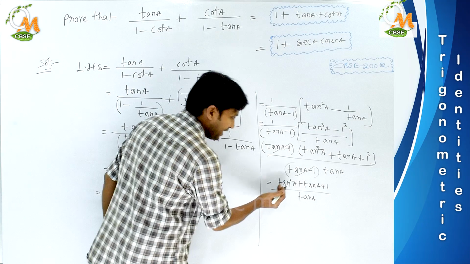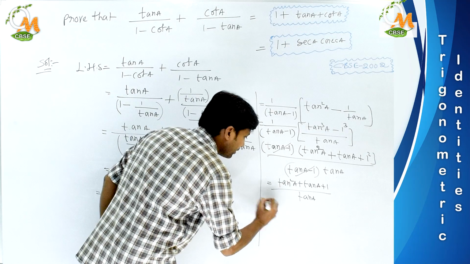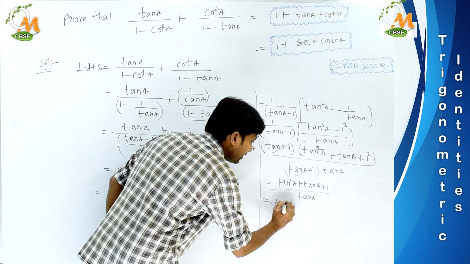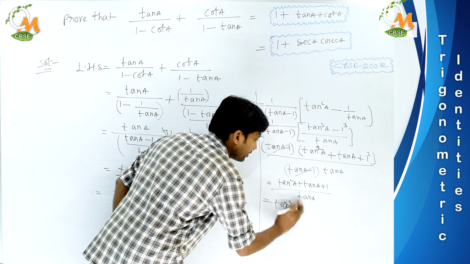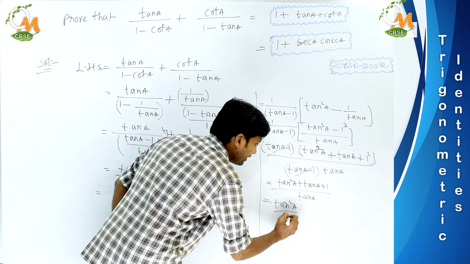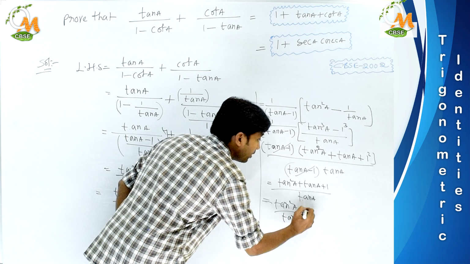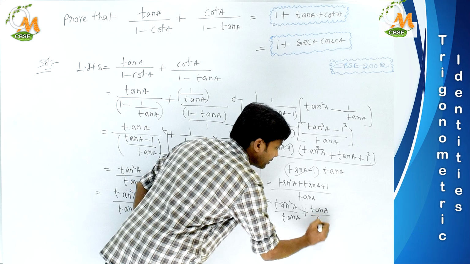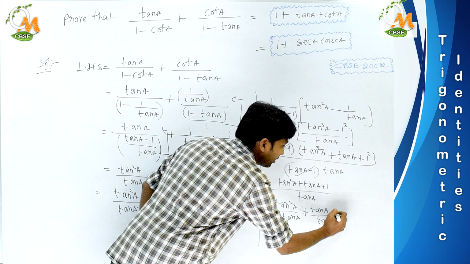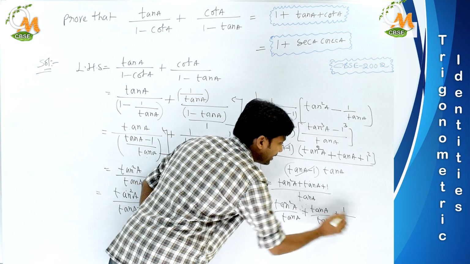Now separating the fractions, what do you get? Tan square A by tan A plus tan A by tan A plus 1 by tan A.